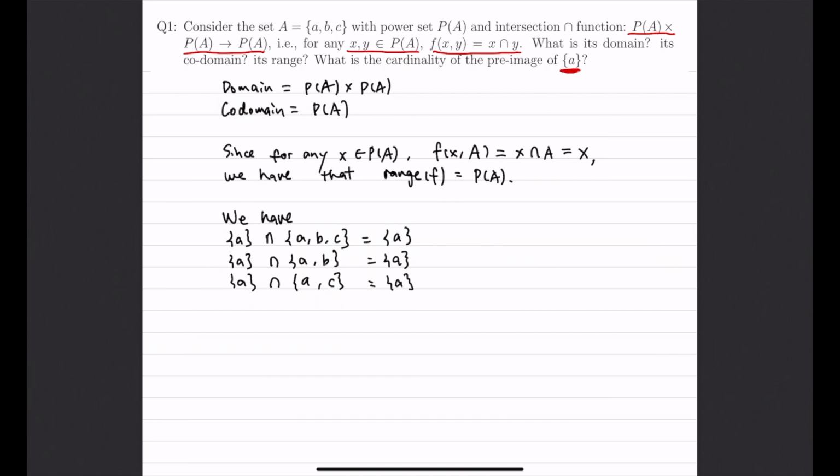And notice that since we are dealing with the intersection operator, we can swap the order of intersection. So we get the next three examples as follows.